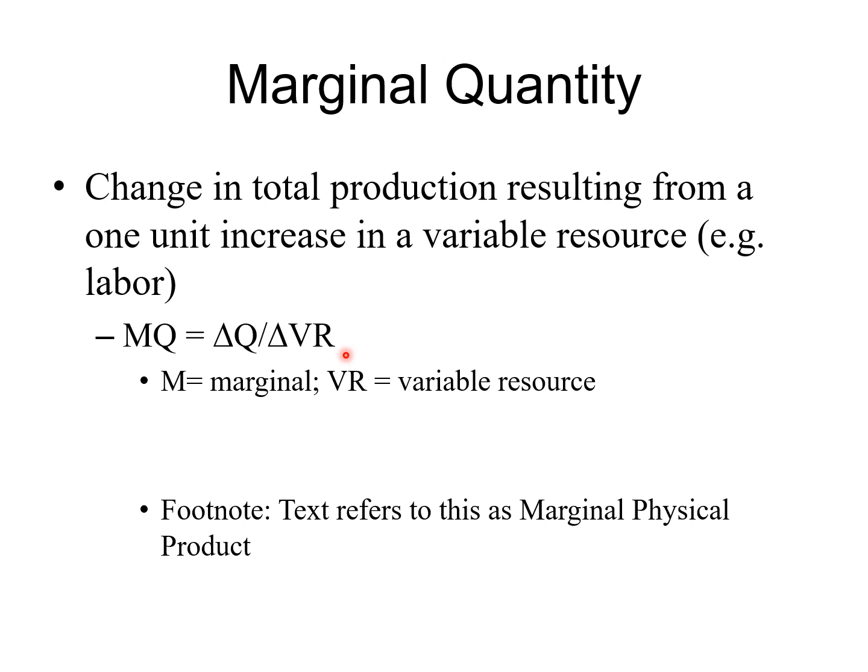The text usually refers to it as marginal physical product. We simplify things by, one, maintaining consistency with our symbolic logic, and two, by referring to it as what it is, marginal quantity.